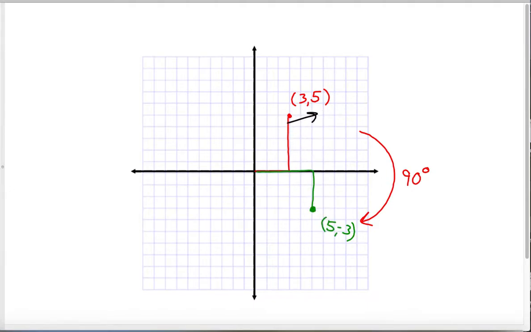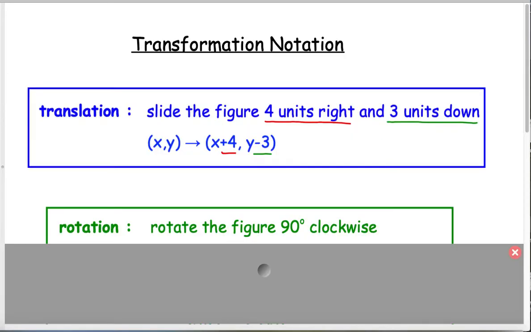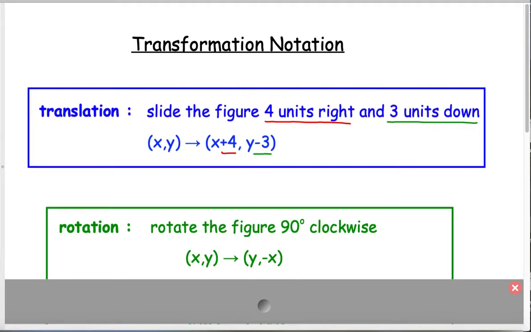So we switch the order and then take the opposite of the x value. And that's our rule. So we take x and y, and we switch the order and we take the opposite of the x value.